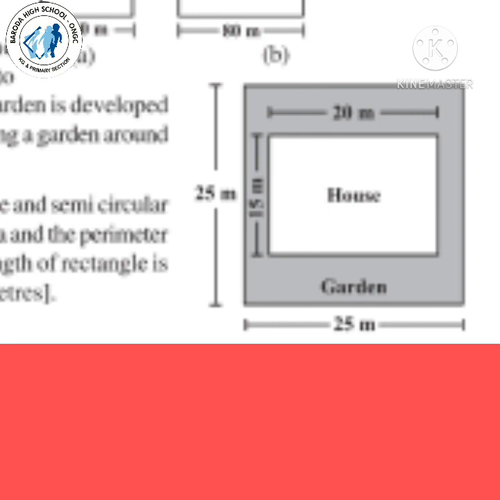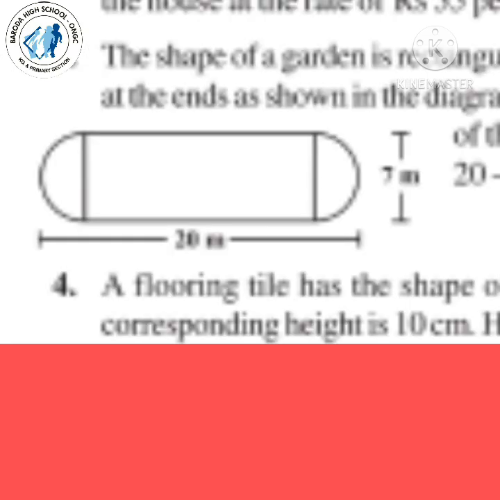Moving towards the third sum, the shape of a garden is rectangular in the middle and semicircular at the ends. We can see the shape of the garden. Now here you have to find the area and perimeter of the garden. So this is a combination of two types of figures. Here we know the measurements. The length of the rectangle is 20 minus 7 meters and the breadth is 7 meters. Find the area of the rectangle and the area of the circle.